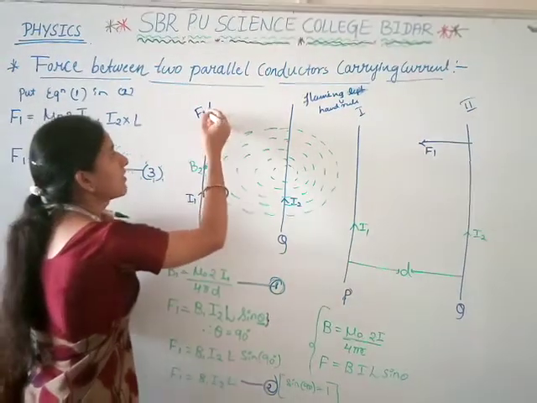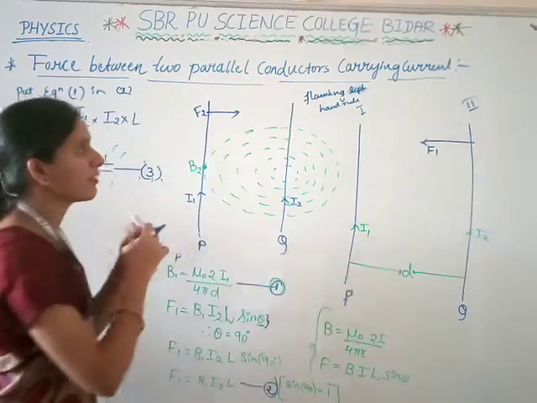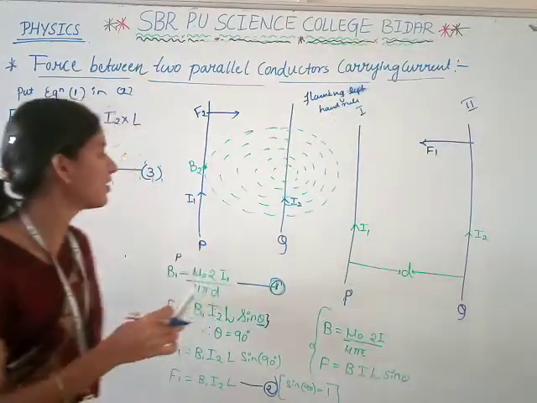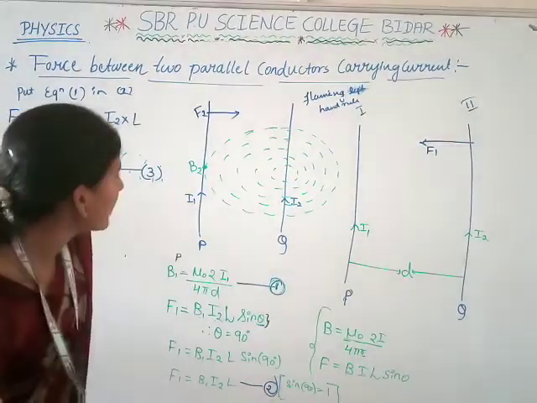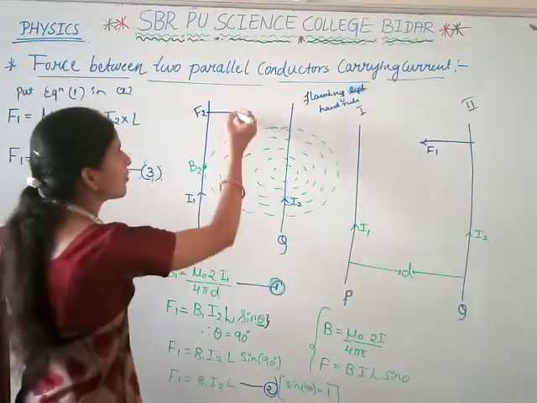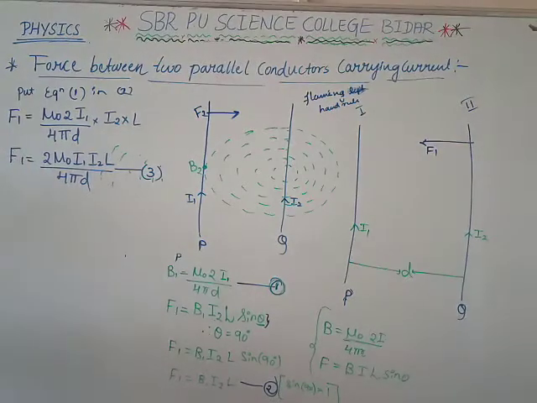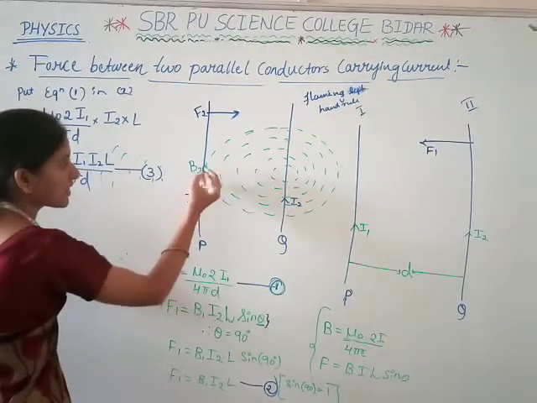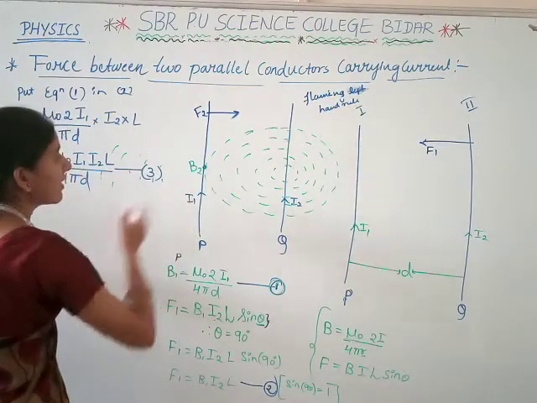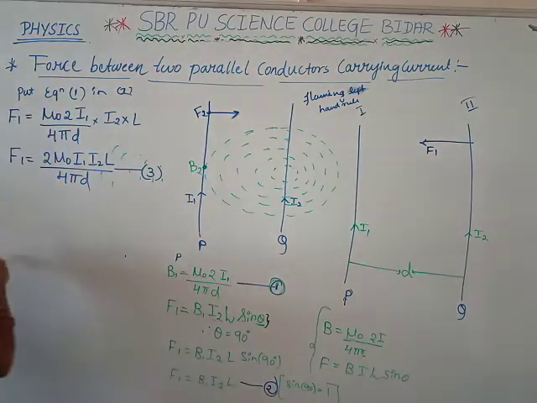Then the force shown by Fleming's left hand rule is in the inward direction, opposite to that of conductor P here. Now we have to write the equation of magnetic field B2 and force F2.